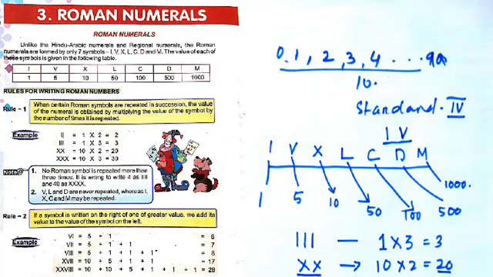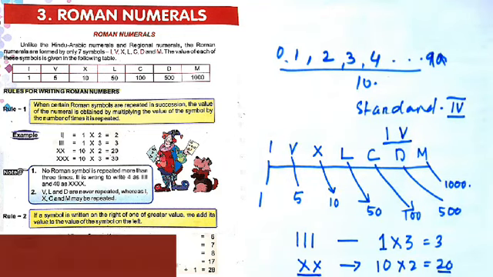Suppose we have to write 11, we are not writing it this way. This is wrong, because V is a symbol which is not repeated, but I, X, C and M, these symbols we can repeat again and again.